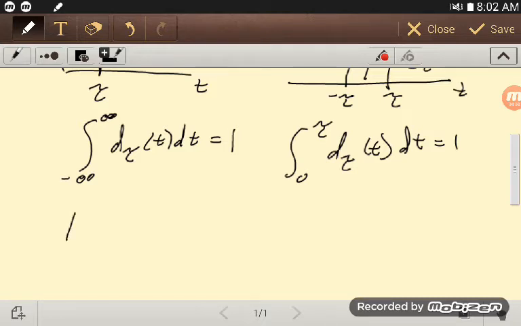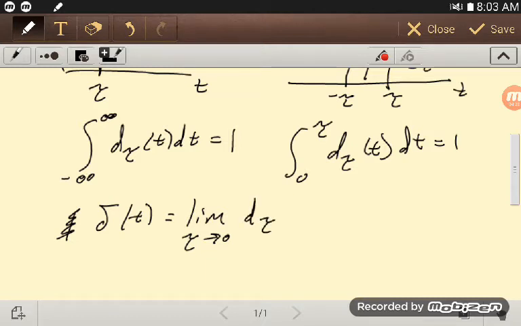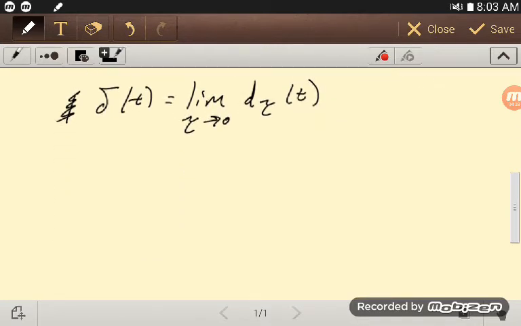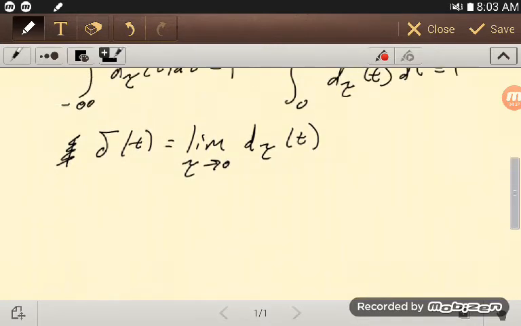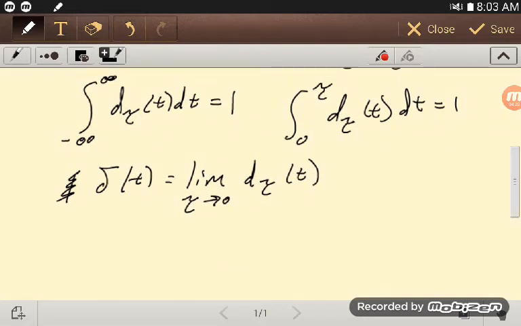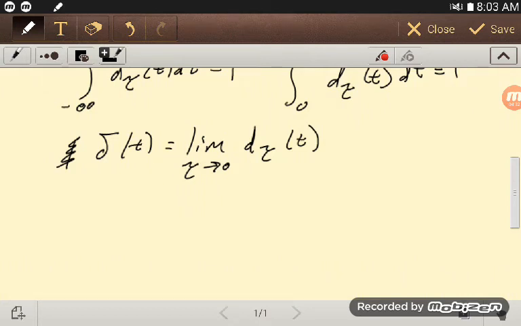So we're going to call Greek delta of t the limit as tau goes to 0 of d tau of t. Now let's look at the property of that.